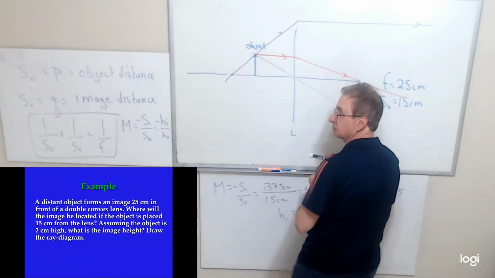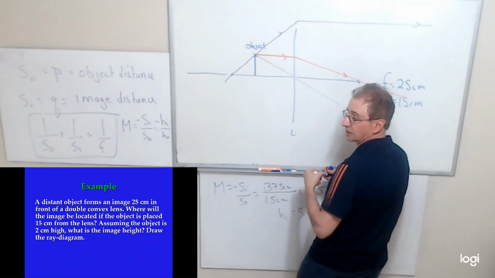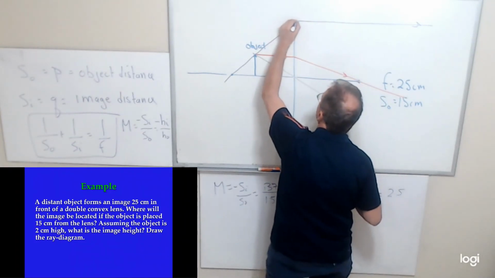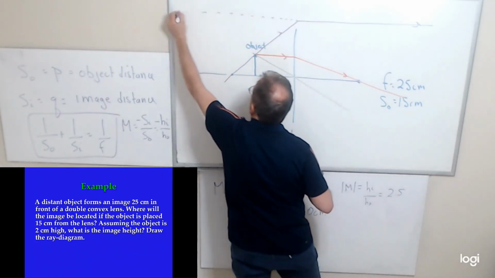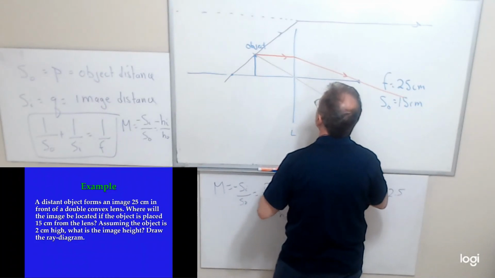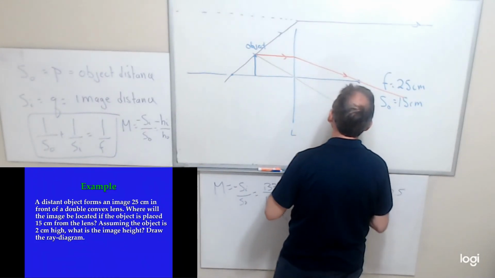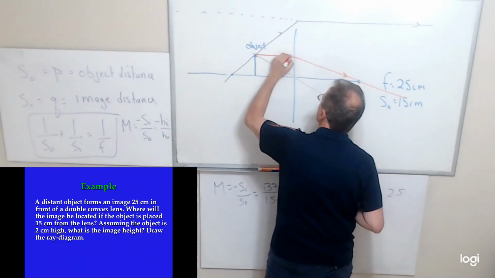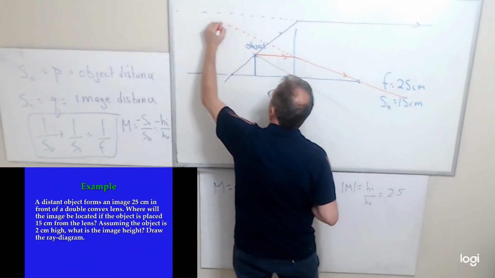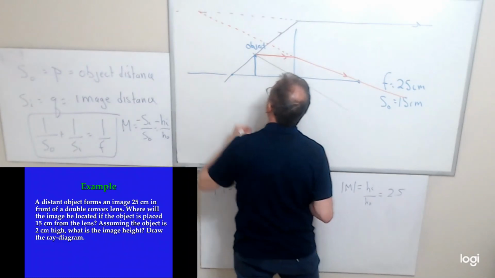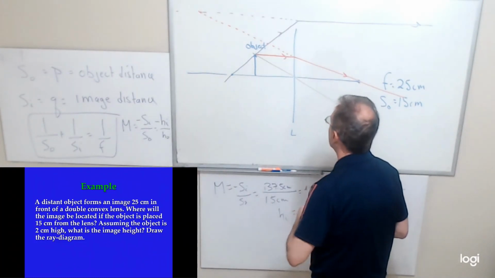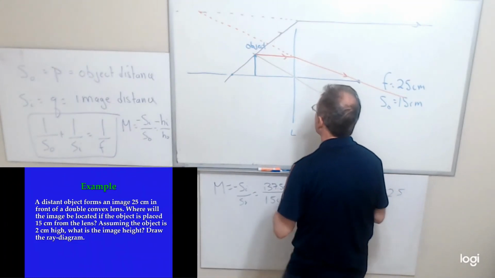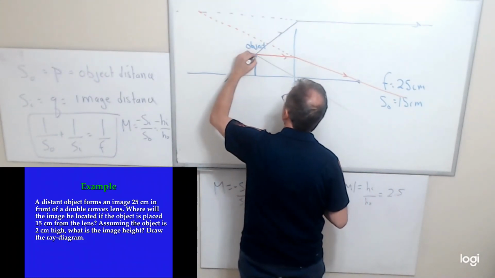Now let me extrapolate. You can tell these are not going to converge on this side. So let me extrapolate the rays backwards. Let me extrapolate this one backwards. And let's extrapolate the other one backwards. This one's going to be tough.